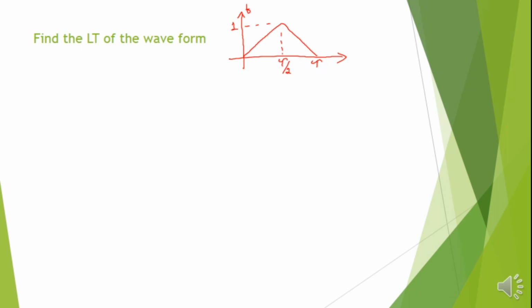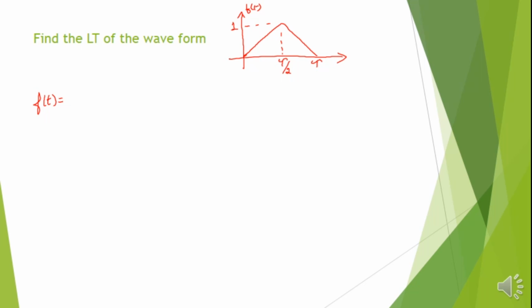So f of t. We will follow the steps again and again. What is the first step? Is there any change in magnitude at t equal to 0? No. It starts from 0 only. So a u of t is cancelled, no need.